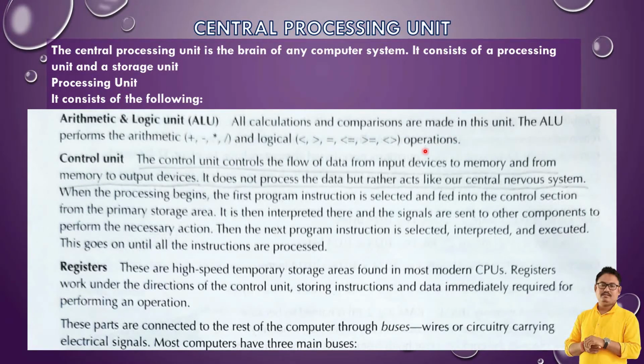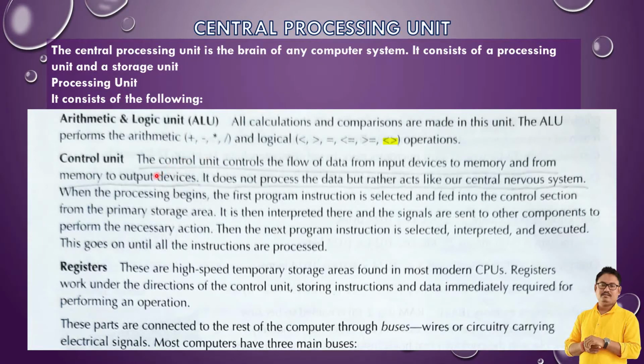The ALU performs the arithmetic operations plus, minus, asterisk, slash, and the logical operations less than, greater than, equal to, less than or equal to, greater than or equal to, not equal to. This sign is called not equal to.